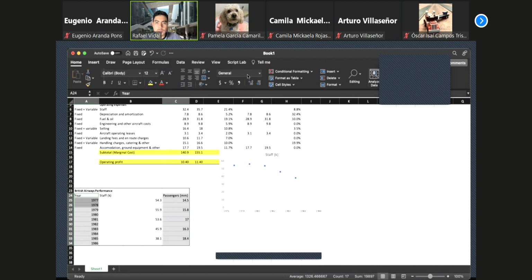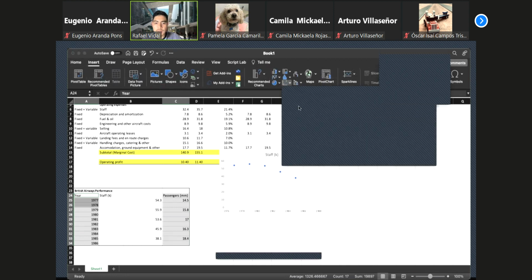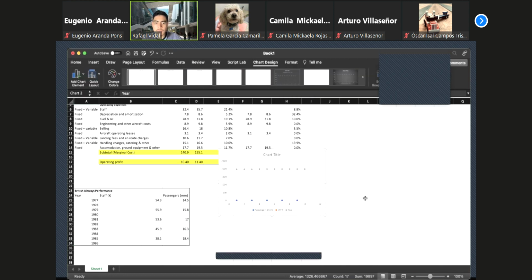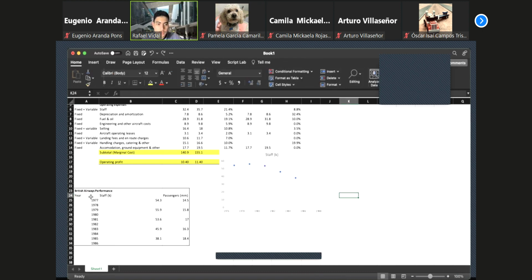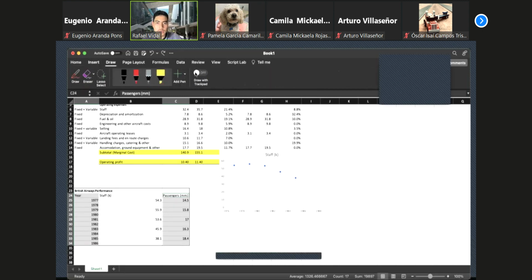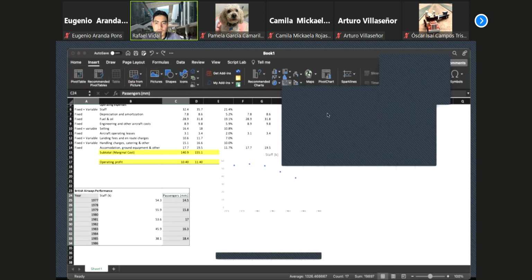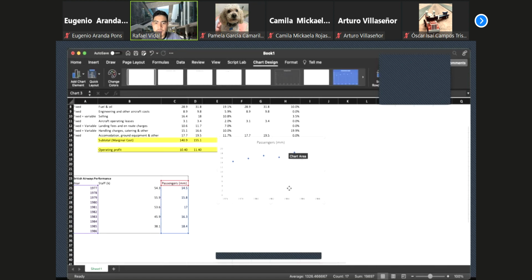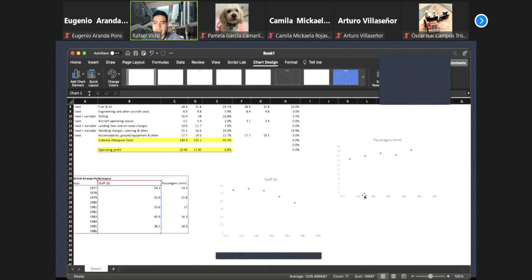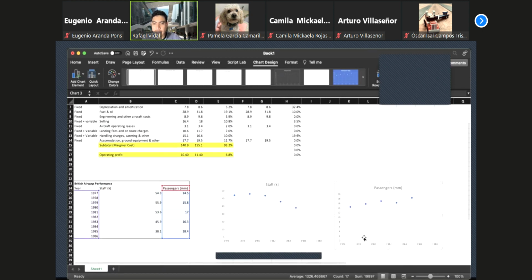I want this in another one. We can see it here, right? So staff is decreasing, passengers is increasing. And since I want 1986 here, I'm going to draw a trend line.